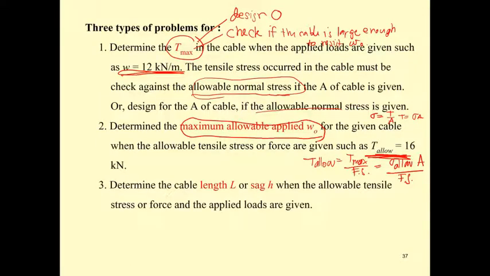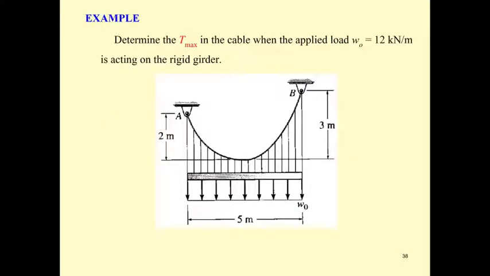And the last one is to determine the cable length and sag when the allowable force or allowable stress is given, and also the applied load is given. And then let's start the example that we have. Okay, let's first start with this one.